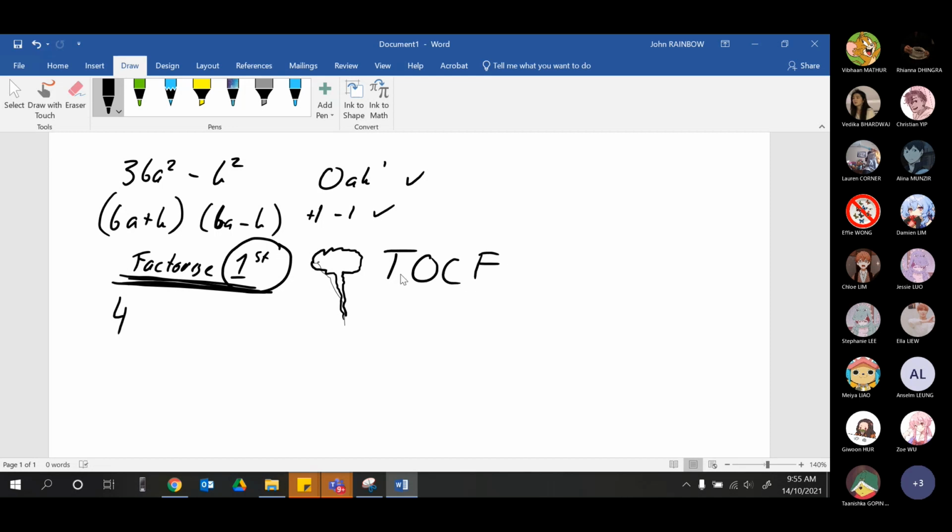TUCF who? Take out common factors. Always do that first.